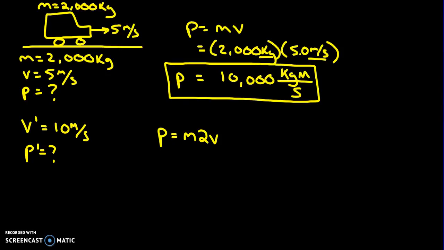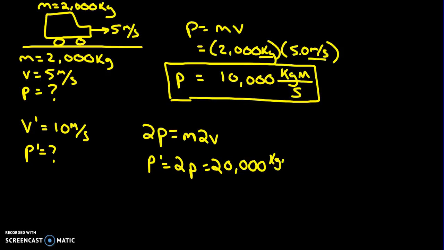So it's 2 times the original velocity, so my p prime is going to be 2 times my original momentum. So my new momentum is going to be 20,000 kilogram meters per second.